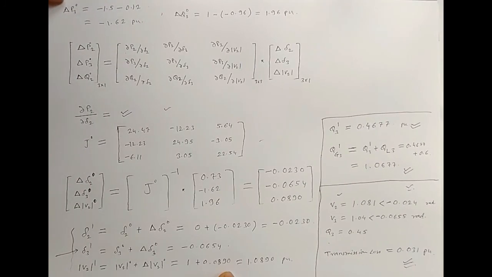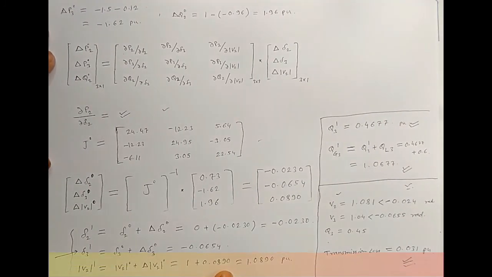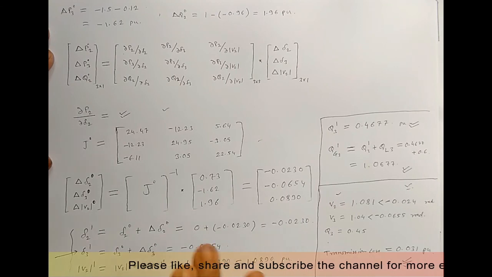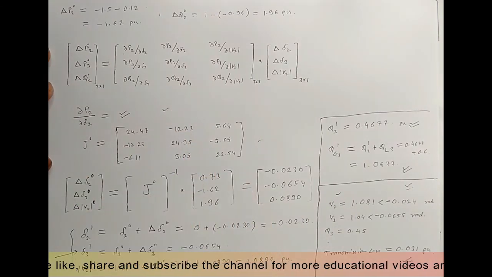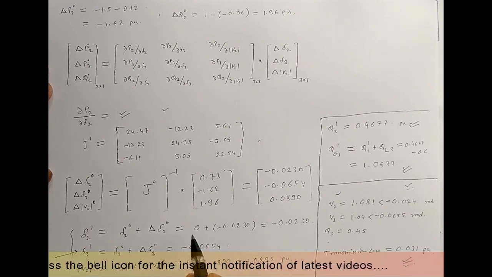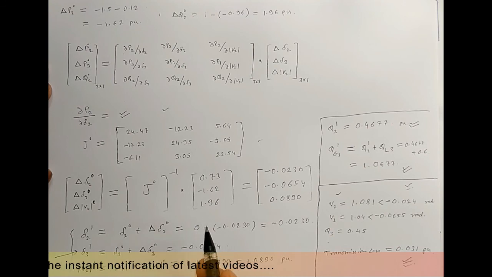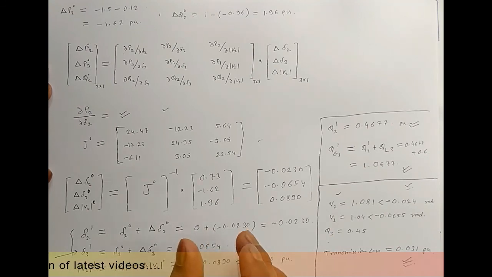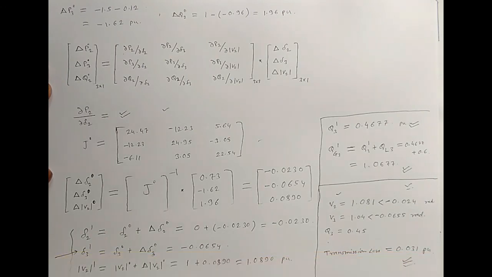Normally in the exam, problems based on Newton-Raphson are almost impossible to solve in the prescribed 3 hours duration of the exam, so in the exam it is not given. In the exam the question may be like: write the algorithm based on the Newton-Raphson method, or in a short question, what will be the size of the Jacobian matrix, or what is the difference between the Newton-Raphson and Gauss-Seidel methods.